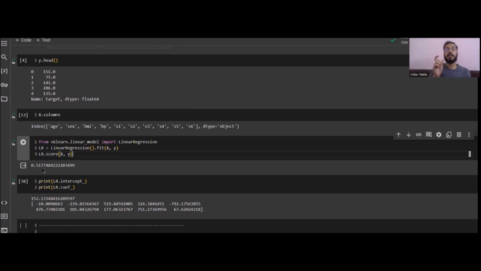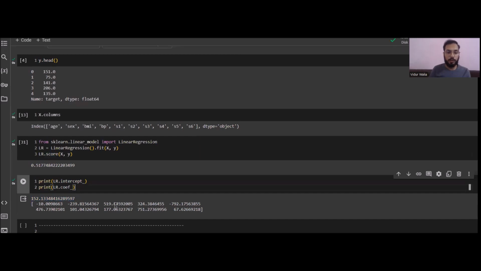Now, as we saw in the theoretical part, there is a beta naught, that is the intercept, and then you will have beta 1, beta 2 till beta 10, which are the coefficients of these variables. So if I write LR dot intercept_, this gives me the intercept value, and LR dot coef_, these are 10 values, 1, 2, 3, 4, 5, 6, 7, 8, 9, 10.